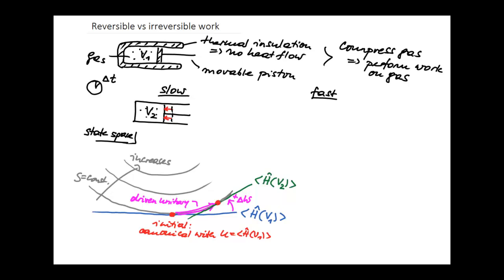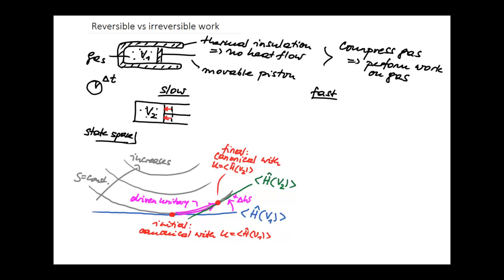Yes, that's how maximum entropy states are characterized. So the final state here is also canonical, now with internal energy given by the expectation value of the Hamiltonian at V2, the expectation value in the final state.